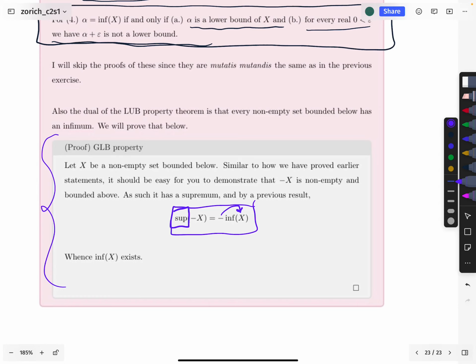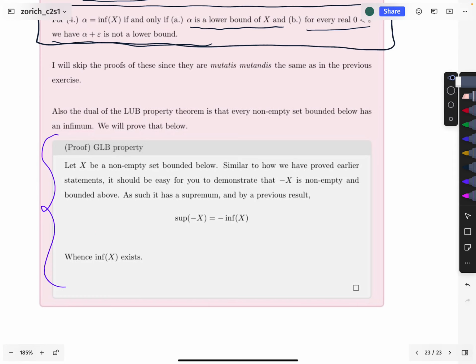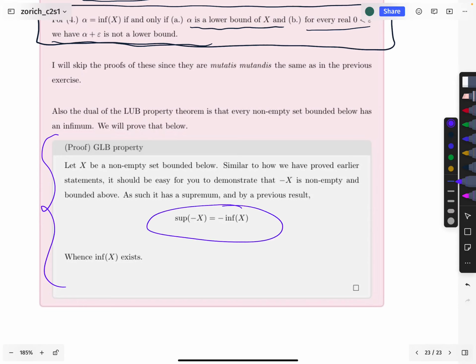I think I'm misstating the logic here. The basic logic is to show that negative x is a non-empty set bounded above, therefore its sup exists, and then from the previous theorem, we know that whenever that is the case, the inf of negative x exists, which is all I'm really using here.